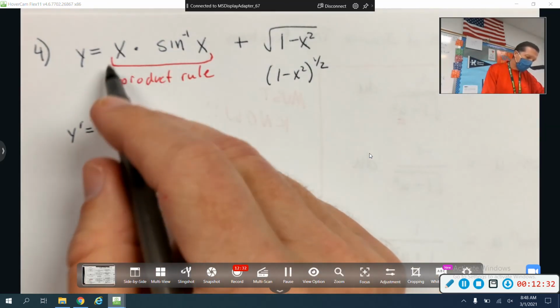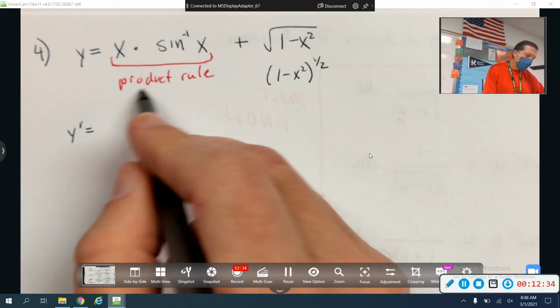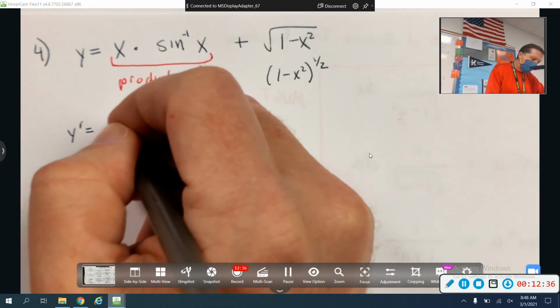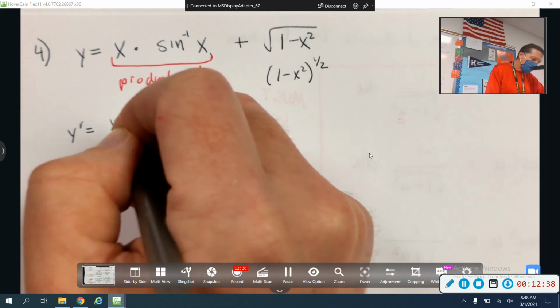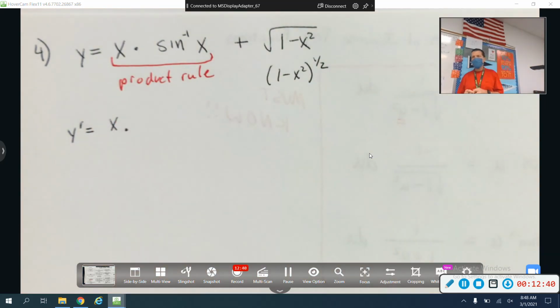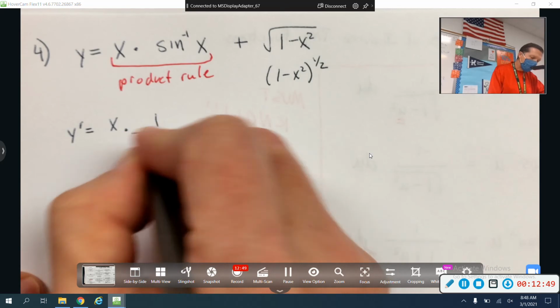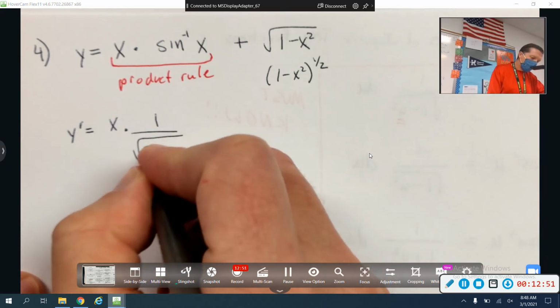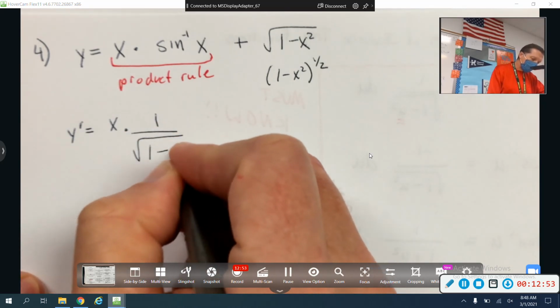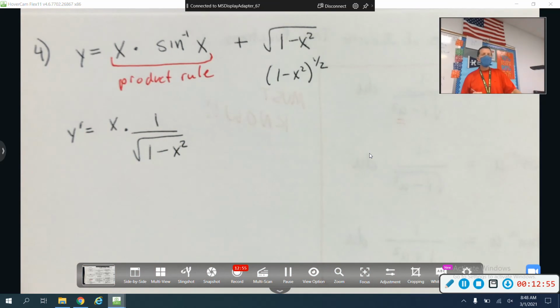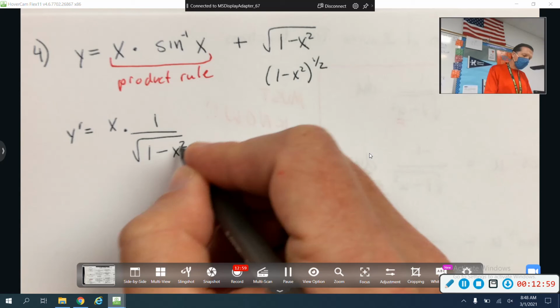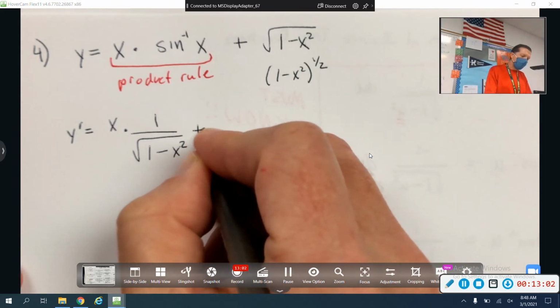I don't guess it really matters what order we do it in, since it's adding. So we'll go x times the derivative of inverse sine. Let's see if you remember the derivative of inverse sine without looking at it. 1 over the square root of 1 minus x squared. Chain rule, but the derivative of x is 1, so we're good on that part.